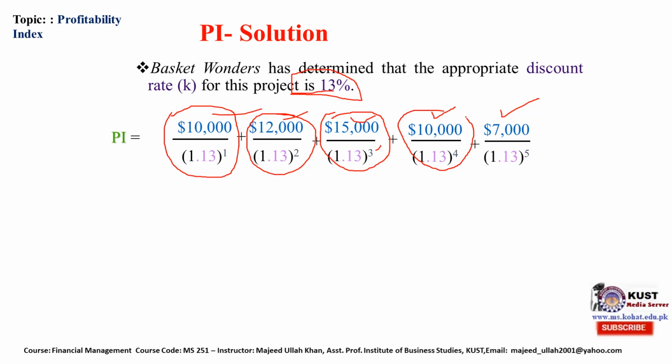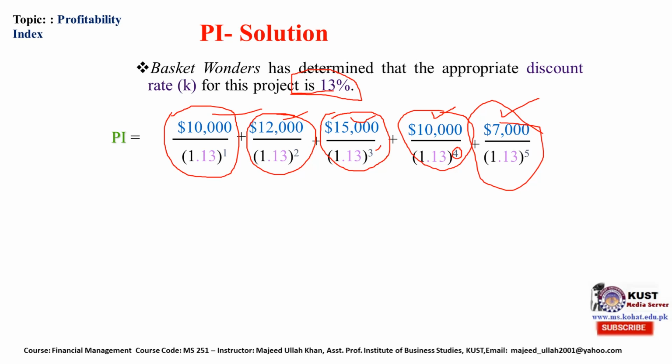This 10,000 divided by 1.13 raised to the power 4, this 4 representing years, will give us the present value of 10,000 for 4 years. This 7,000 divided by 1.13 raised to the power 5 will give the present value of the 7,000 for 5 years.